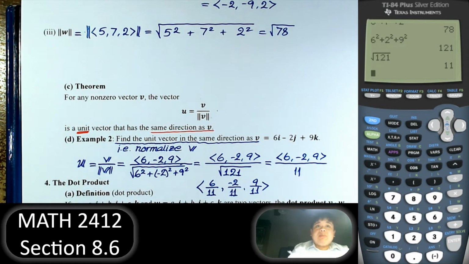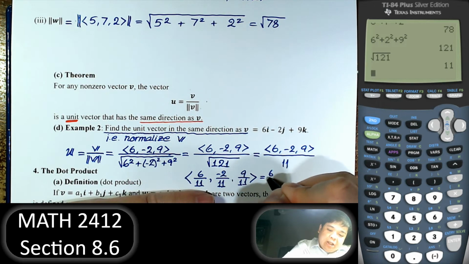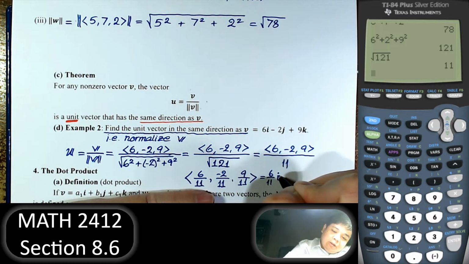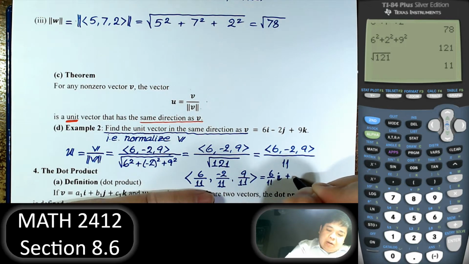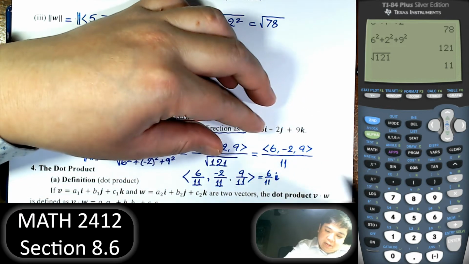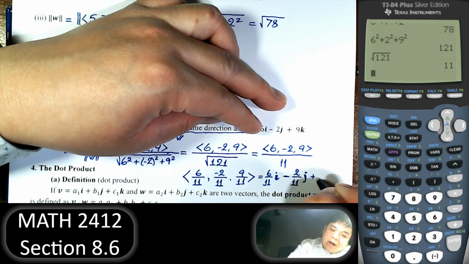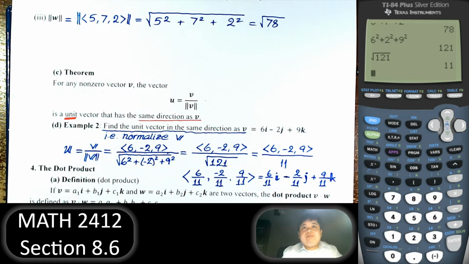Of course, we can leave the answer like this, or we can write it in ijk form: 6 over 11 times the vector i, plus -2 over 11 times vector j, and 9 over 11 for vector k. Right, so that's good. Everything is like what we had earlier, except now we have 3 dimensions. We just add 1 dimension into it.